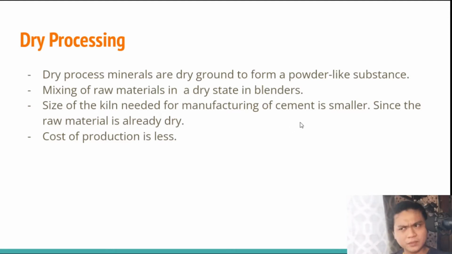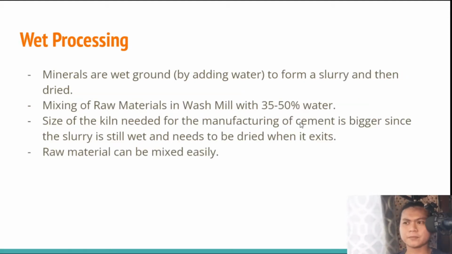So let's talk about the wet processing. In wet processing, minerals are wet ground, and they achieve this form by adding water, and then they are called slurry, and then they're dried. The water in the wet processing consists of 35 to 50%. So that's a lot, right?